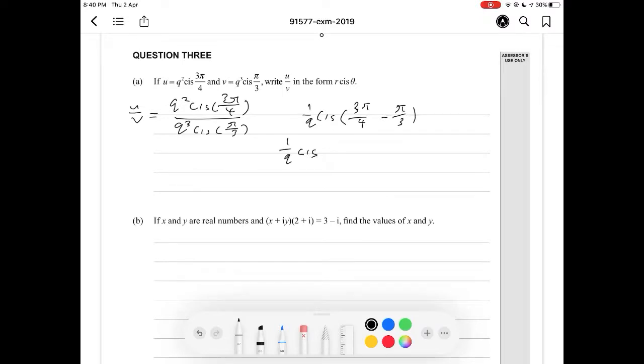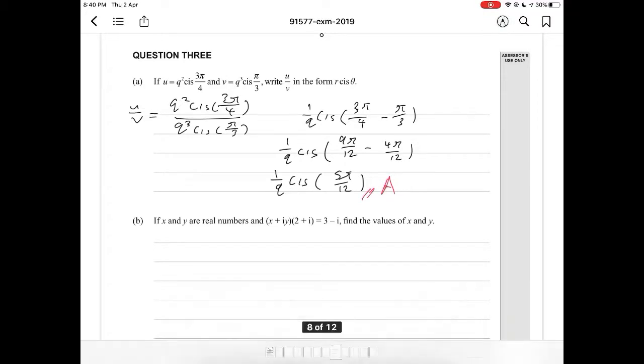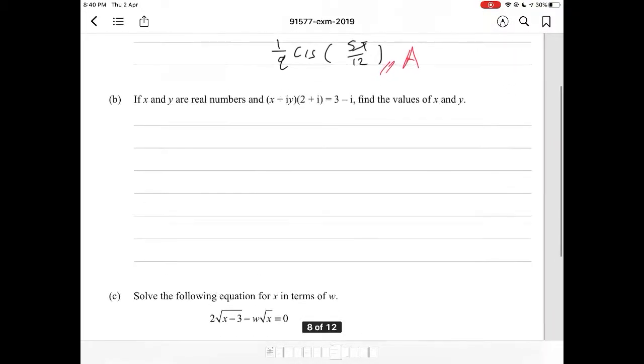So 1 over q cis of, we'll simplify this, 9 pi over 12 minus 4 pi over 12. Therefore, 1 over q cis of 5 pi over 12. And that's done. It didn't tell us to convert to rectangular form or anything, so that's your final answer, and that will get you an achieved.